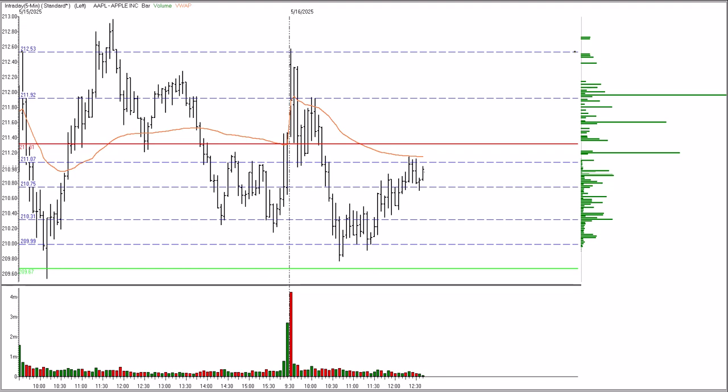Okay, and then you could also do something based on the volume by price as I'm looking at this. So if Apple pushes into that low volume node up around 211.92, right, and it gets up above this big volume threshold here. If it gets up into this area up here, then you could look for a short anywhere between 212.30, 212.50, right?